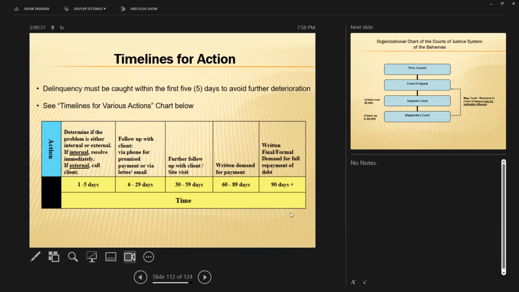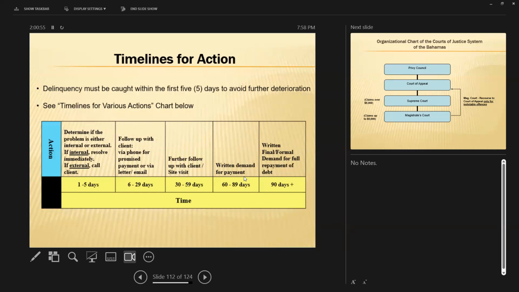For the next 30 to 59 days, you follow up with the client by doing a site visit. As I previously mentioned in another class, don't send a woman by herself, and don't send a man by himself. Send two people, one of which should be a man.